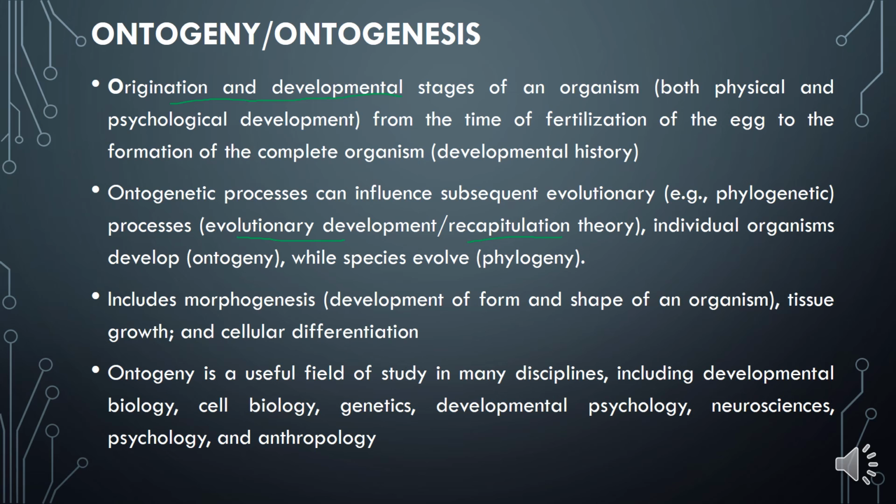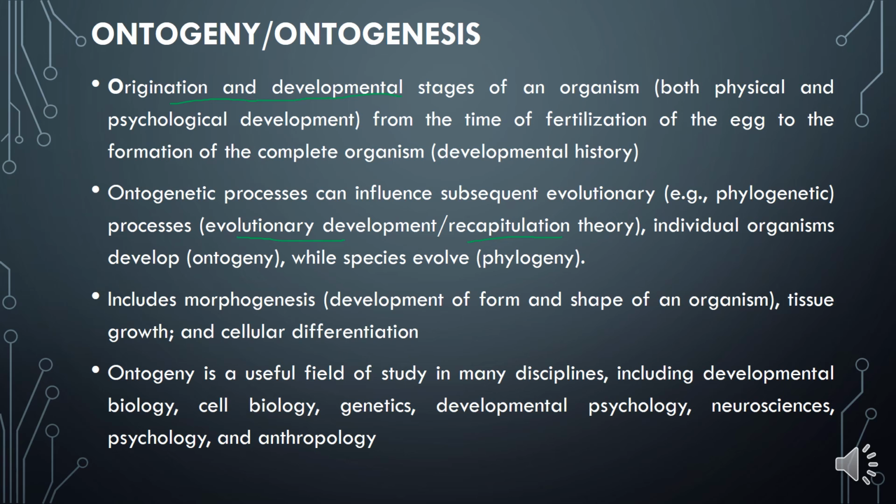By this recapitulation theory, the very common example is that all the birds and even humans have some certain characters which are similar to those of the fish. That is, during our developmental process from a zygote to an entire organism, at certain stages both human and bird embryos show gill slits. But gill slits are absent in adult birds or adult human beings or adult mammals. Still, in our developmental process we have gill slits at a certain stage, which indicates that the common ancestor of both birds and mammals is fish.